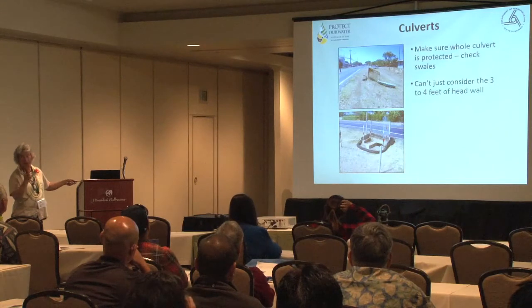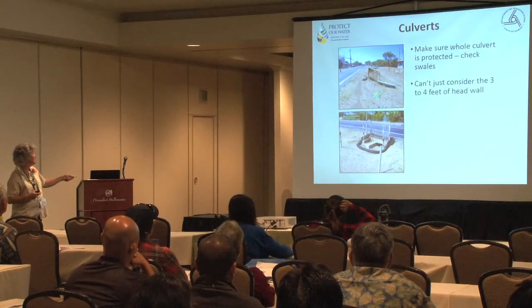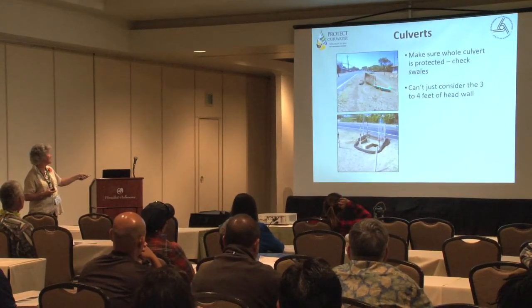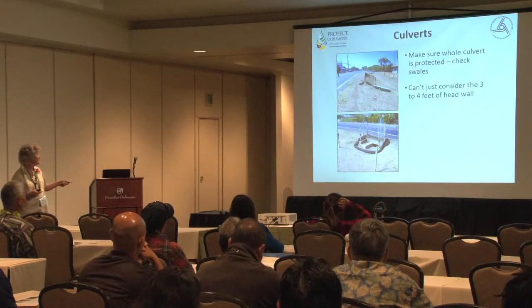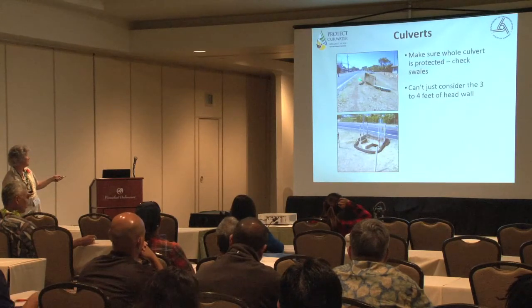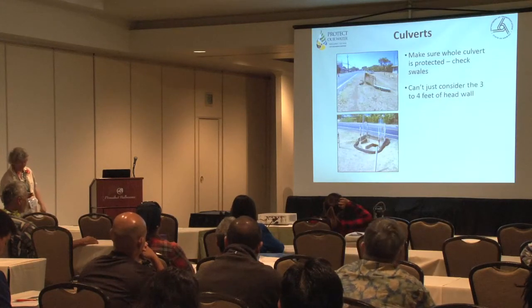I couldn't find the picture I was looking for, but a lot of these, the edge of the culvert is actually downslope of the swale. You need to protect all the way around. For instance, if that was here, you would have the water coming down here and running in there.